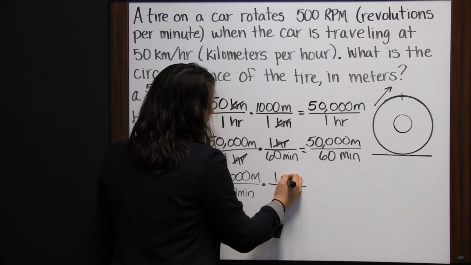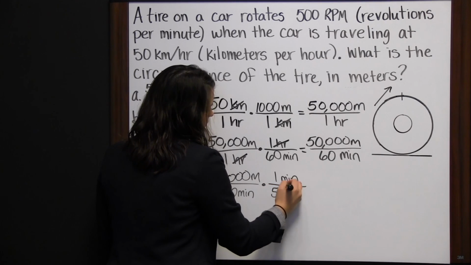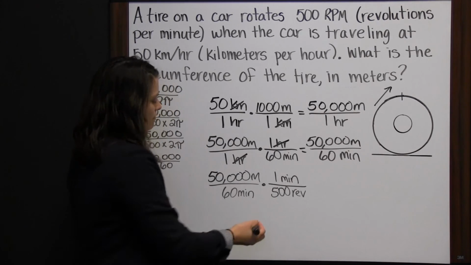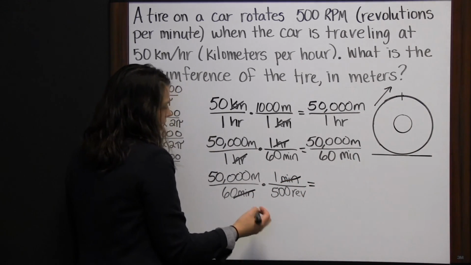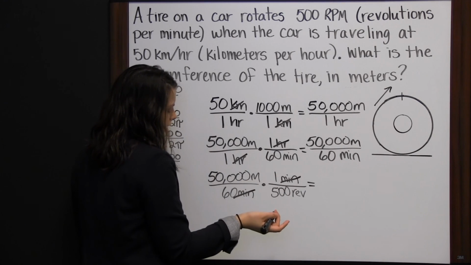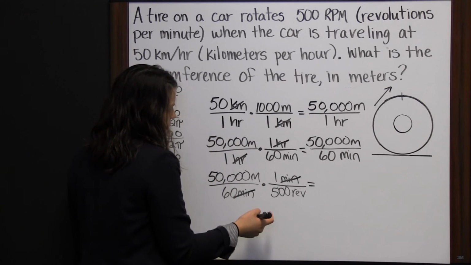So every 1 minute, the car goes 500 revolutions. So that again, these units, minutes, cross cancel. And I can cross cancel my 50,000 and my 500 by dividing them both by 500.